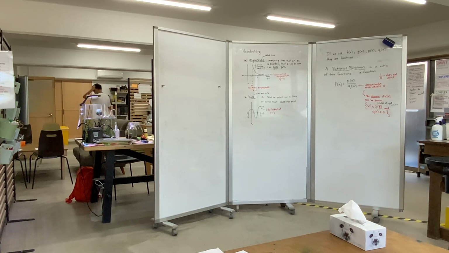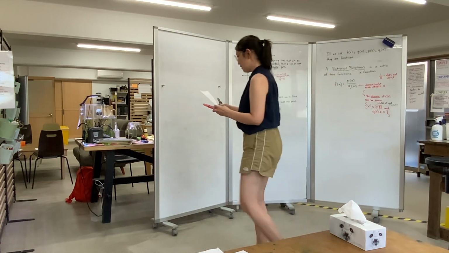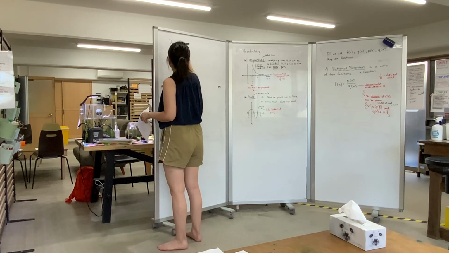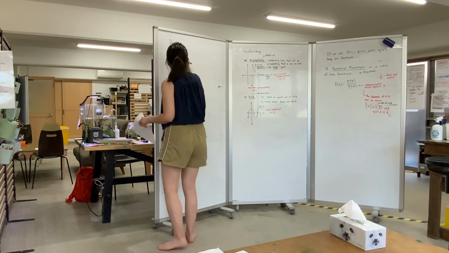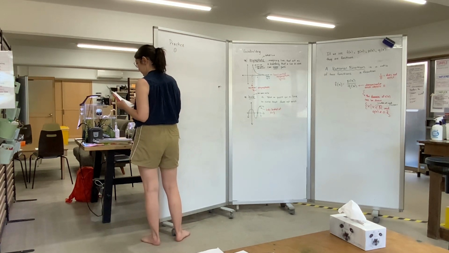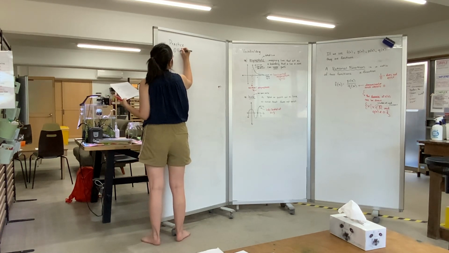So, I'm going to write up an example. An easy example, a hard example. You will need your calculators. I would like you to graph. We're going to practice the following. One, evaluating points.